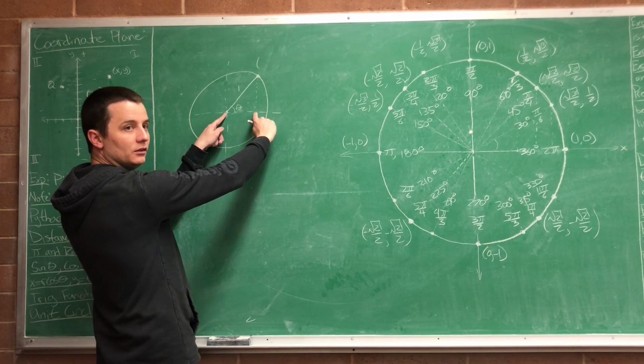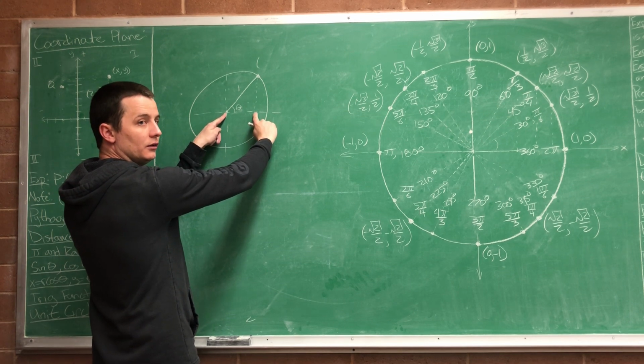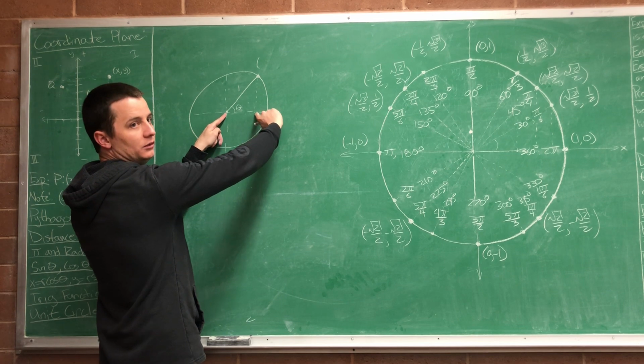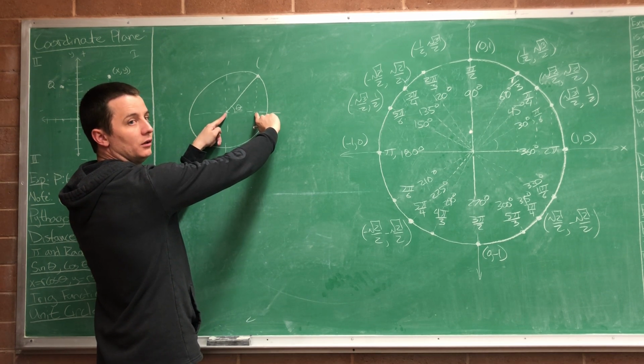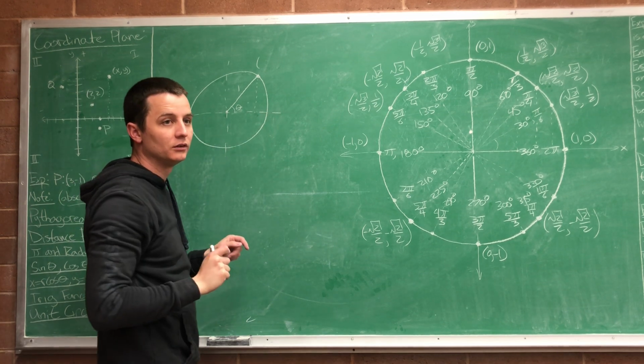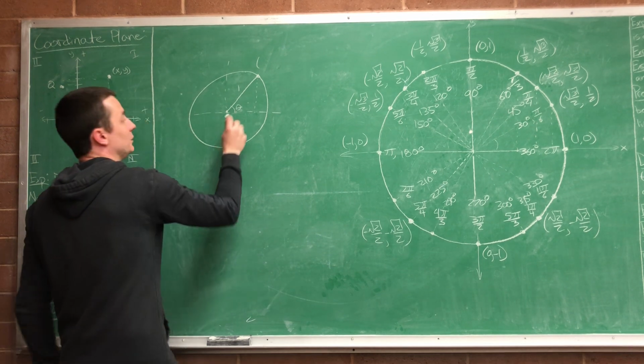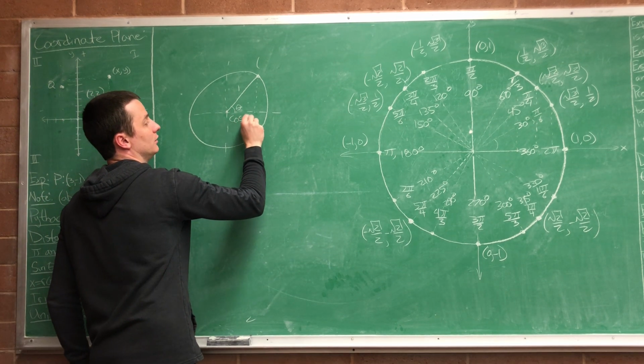What's this distance? But how would you calculate it? If I gave you theta, how would you figure it out? You'd plug it into which function? What I'm getting at is this is just cosine of theta.